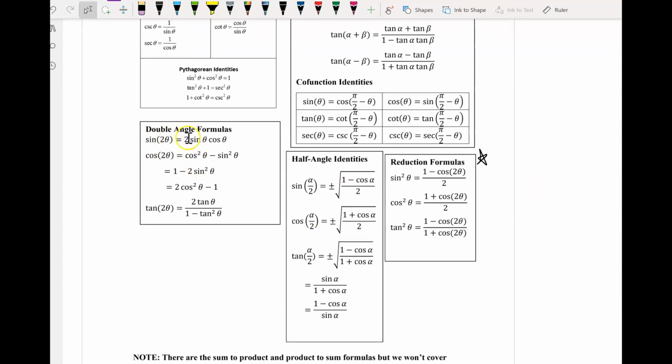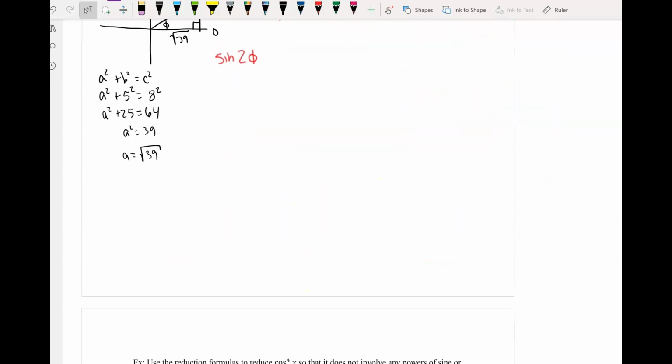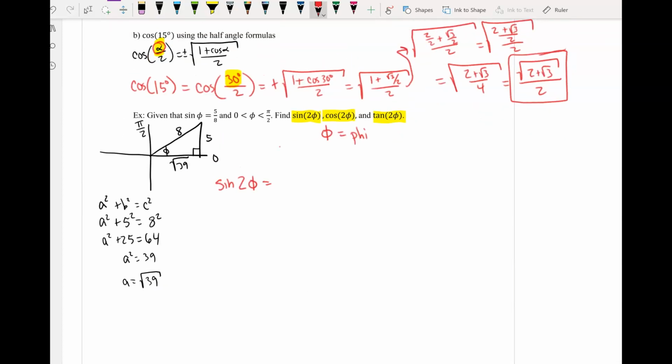So we're going to look at the first one. So 2 sine theta cosine theta. So let's go ahead and write that down. So this is going to be 2 sine theta cosine theta, or it's going to be 2 sine phi cosine phi. So we got a 2 there. The sine phi, we already know what that is. That's 5/8. Cosine phi, that's going to be the adjacent over the hypotenuse, which is the square root of 39 over 8.